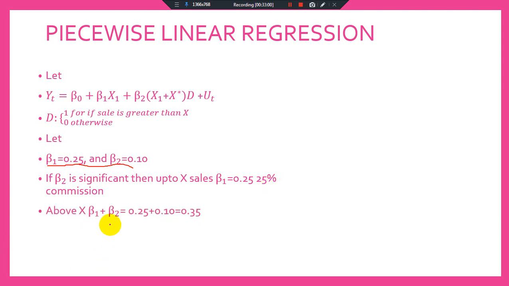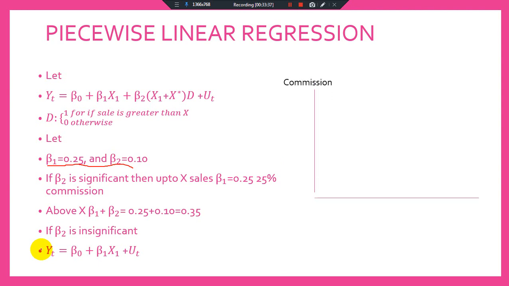And if we are above x*, on the sale above x*, then we get beta 1 plus beta 2, and we are getting 0.35. This means that employees are getting 35% commission. So if beta 2 is insignificant, then we have yt is equal to beta naught plus beta 1 x1 plus ut.